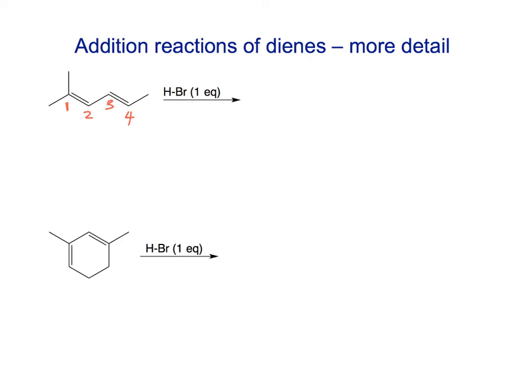At 2? 1. At 1? So you said where the proton would go, right? Where the proton goes on 2. Okay, so if the proton goes on 2, we would form a tertiary carbocation, right? Looks pretty good. Is that the best we can do?